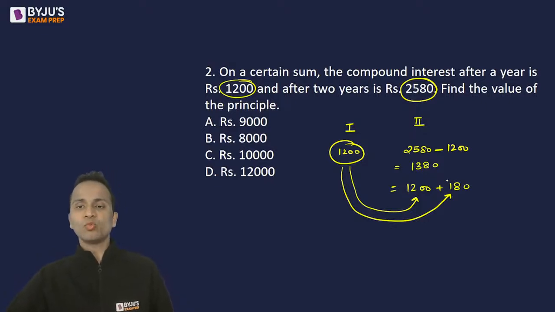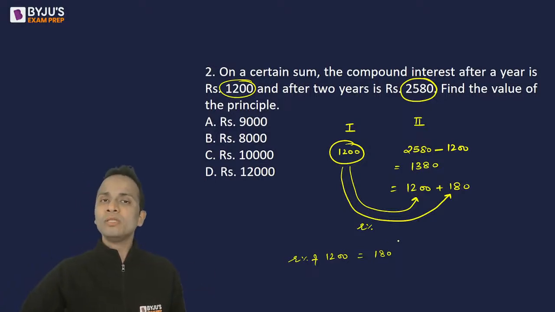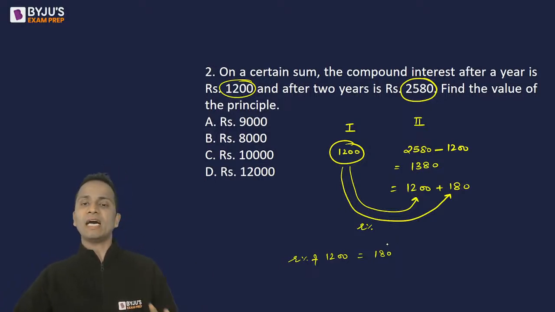Here it is 180. Now at what percentage is it charged? At R percentage, whatever the rate of interest is. So we can say that R percentage of 1200 is equal to 180.